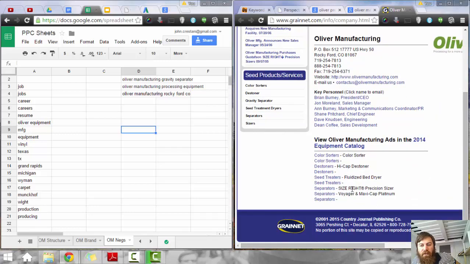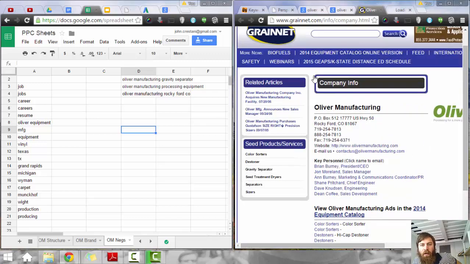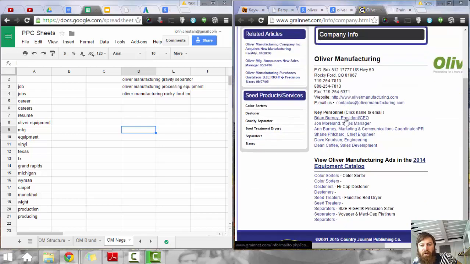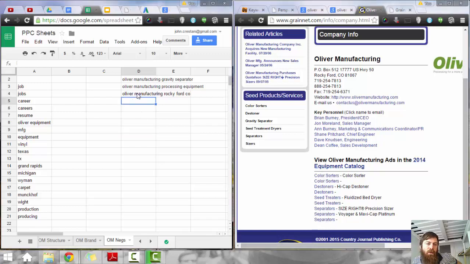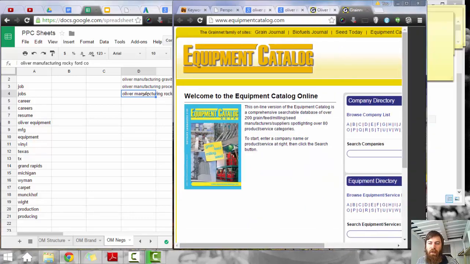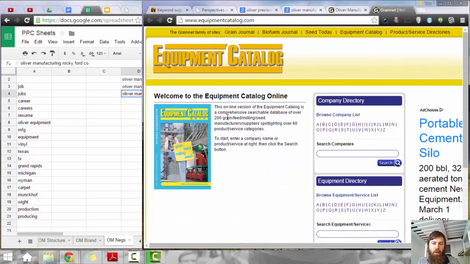They have ads in the equipment catalog of Grain Net, so they must sell to a lot of agricultural people, and they have these big pieces of equipment here. So now we know, an interesting thing from Google search history, that they might have been based there.